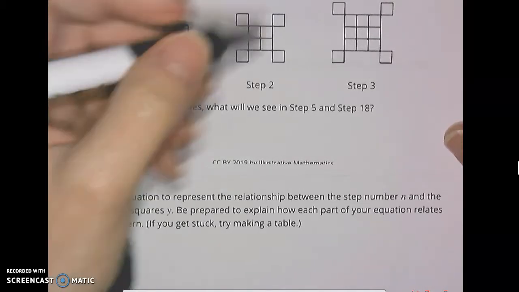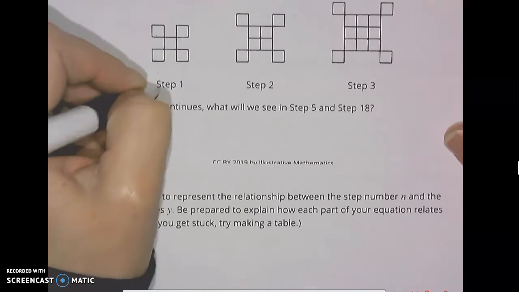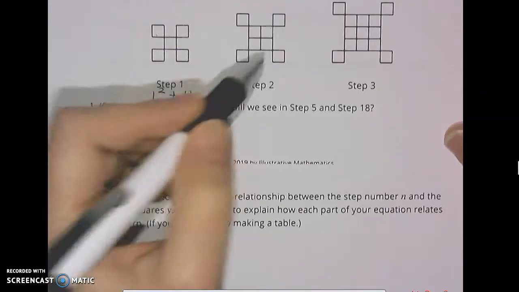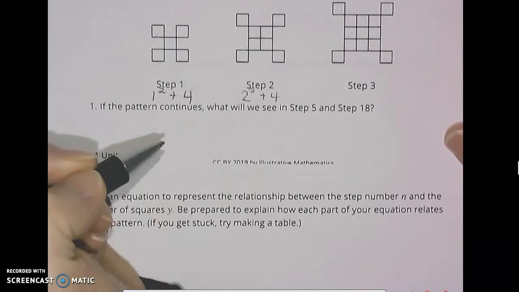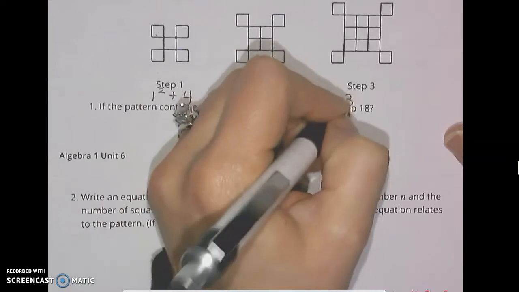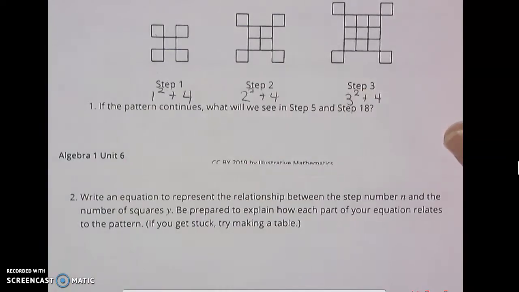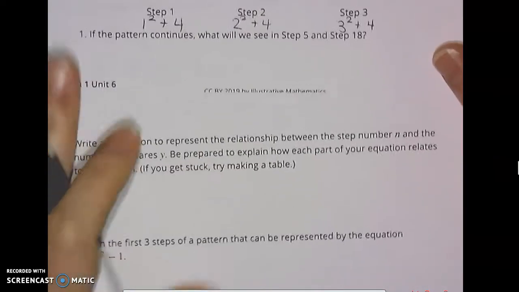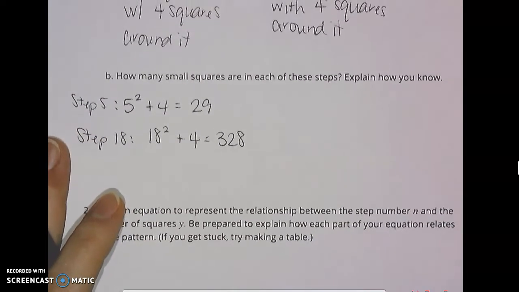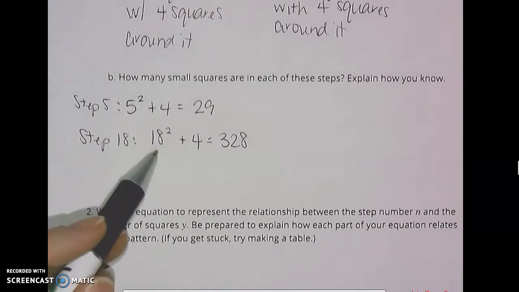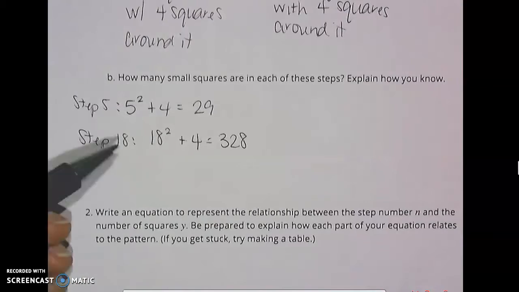In step 2, we had a 2 by 2 square, so 2 squared plus the 4 on the outside. In step 3, we had 3 squared plus 4 on the outside. In step 5, we had 5 squared plus 4. In step 18, we had 18 squared plus the 4 on the outside.